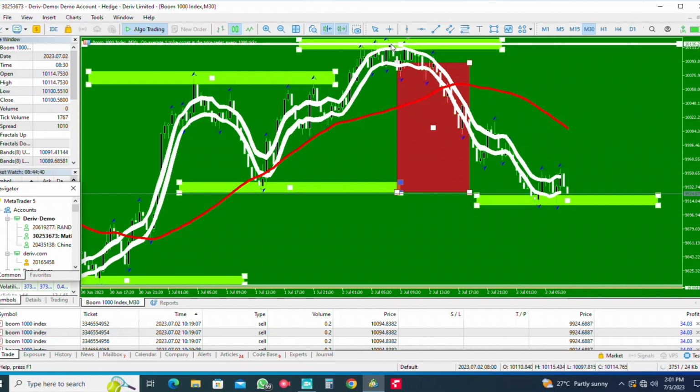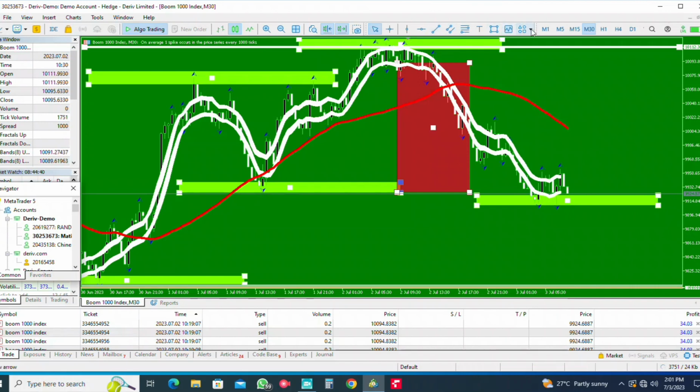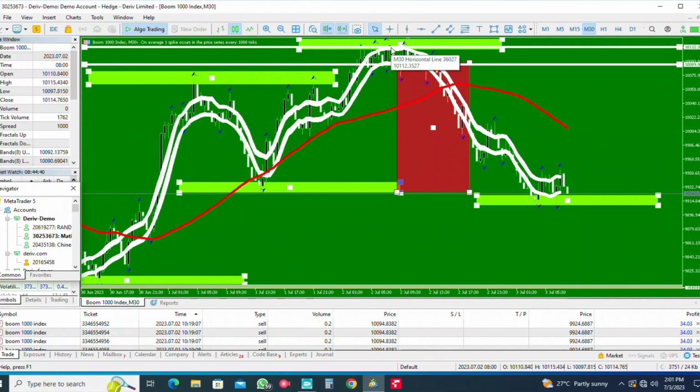Let's put one here to show that this is the point the market is consolidating. Then put another one on the second layer. Remember, we have the first and second layer which the indicator gives us.